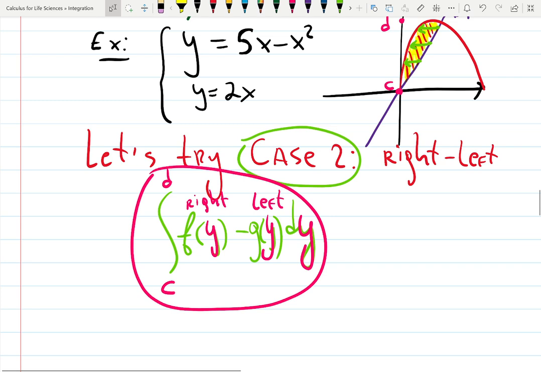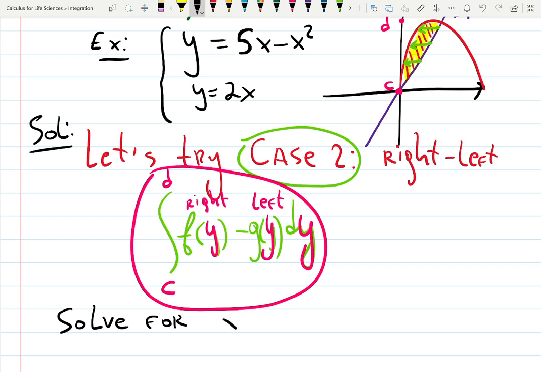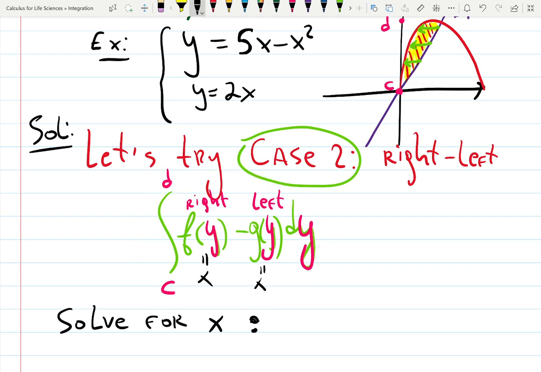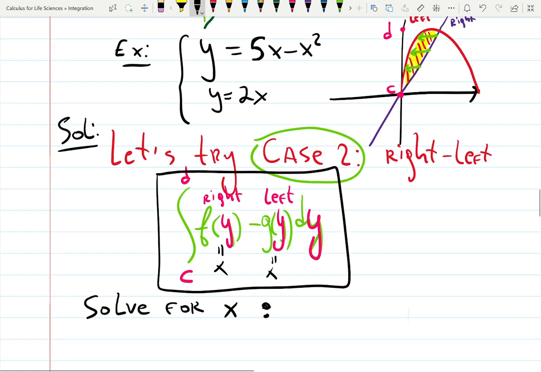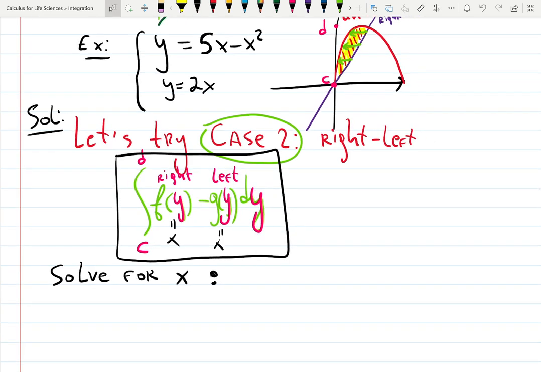So solve for x. We need to have x equals for both functions. Solve for x the functions which are given. It's easy for function number 2, so let me name them again, 1 and 2.